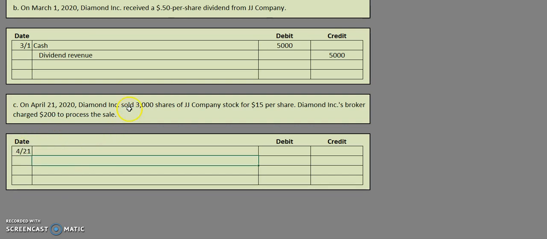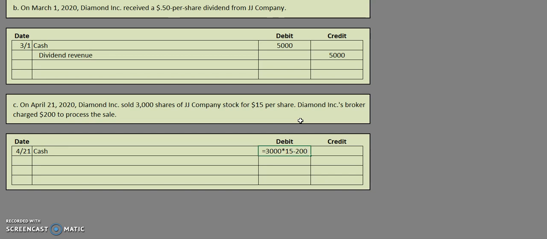Last but not least, on April 21st, we end up selling this investment in JJ Company, or actually just a portion of it. We sell 3,000 shares of JJ Company for $15 per share, and our broker charged us $200 to process the sale. So let's start with the cash. We are selling 3,000 shares at $15 per share, but our broker is going to charge us $200 to process that sale.